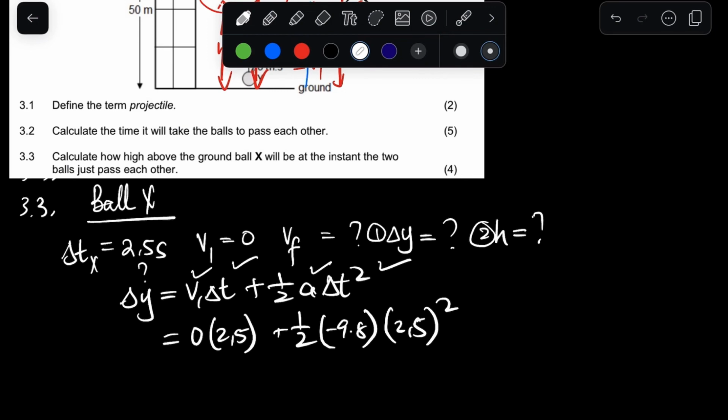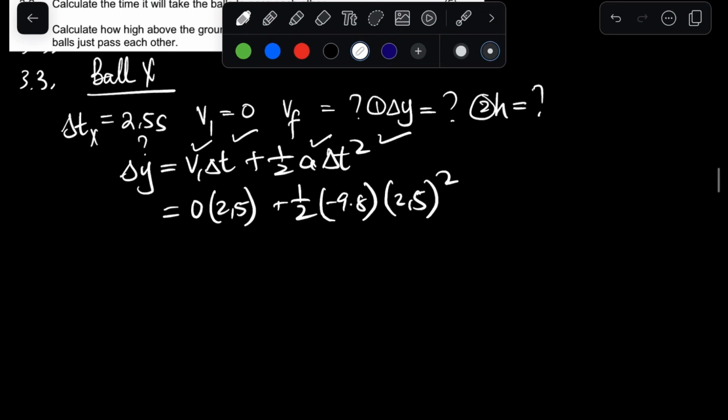Let me quickly punch that in the calculator. The answer there will be negative 30.625 meters. So that is the distance that is traveled by X to the meeting point.